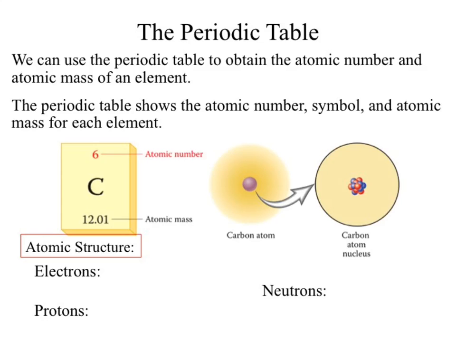I have helium. What can you tell me if I have 47 protons? I have silver. What does the proton count tell you? Protons will define the element. We don't care about the electrons, but our proton count will define what element we're looking at.